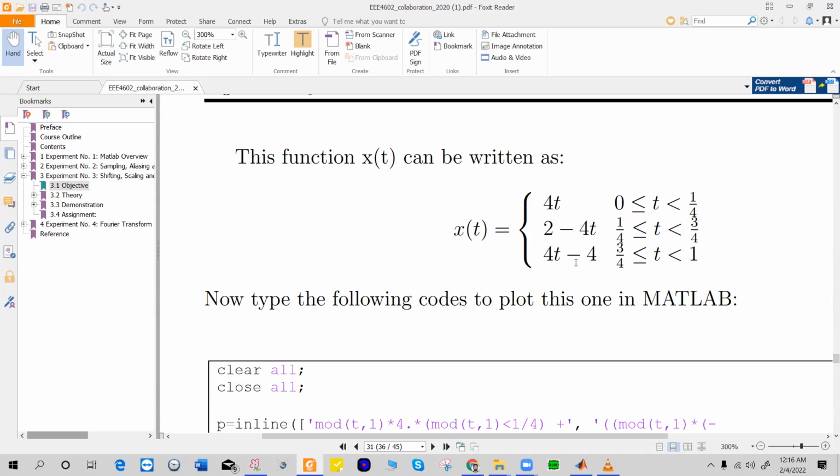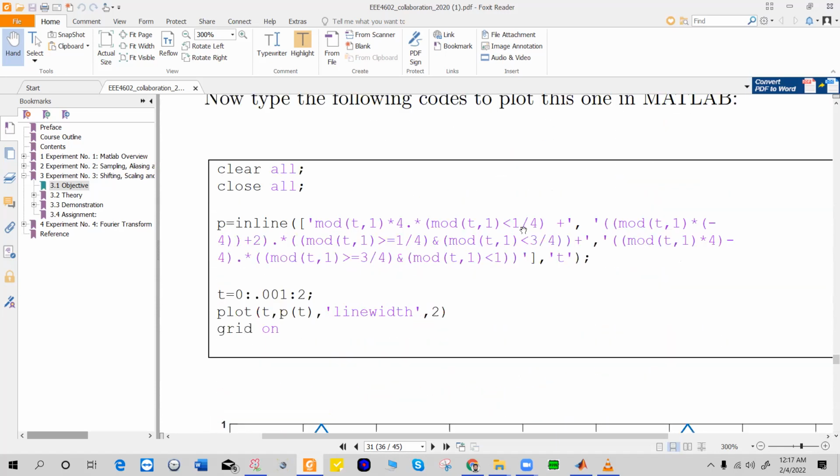How? Let's say that our time t is equal to 0.5. I'm repeating again, our time t is equal to 0.5. So time t equal to 0.5 means this equation should be in action, right? 0.25 to 0.75. As t is equal to 0.5, the first condition is false. Again, as t is equal to 0.5, the third condition will also be false.